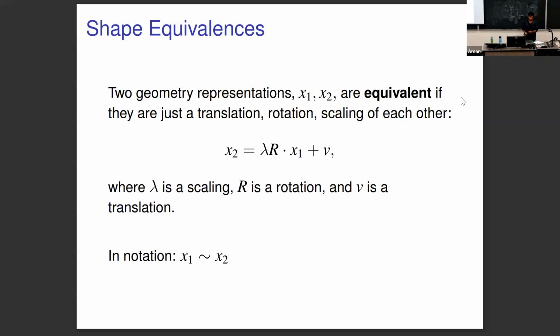Now imagine that we have all equivalent geometries as an equivalence class, right? So let me just define what an equivalence class is. Okay, so a box around x. So now you can see that there are multiple shapes that could be equivalent to the same shape, right? And we only want unique shapes in our space.